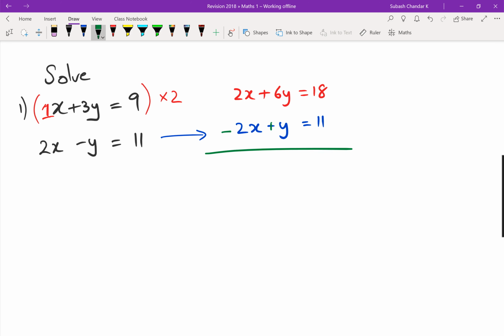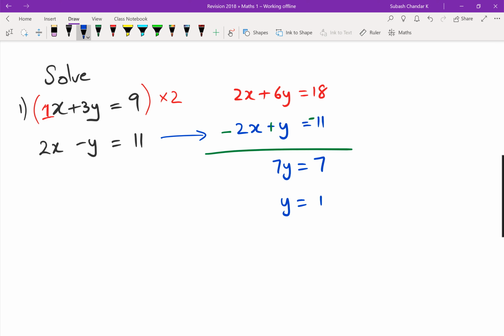Because it's a minus, this will become plus, and then this one would become minus. All right? So when you do this, you got 2x take away 2x, that's 0. 6y plus y is 7y. And then 18 take away 11 is 7. So at this point, you can see that y is equal to 1.